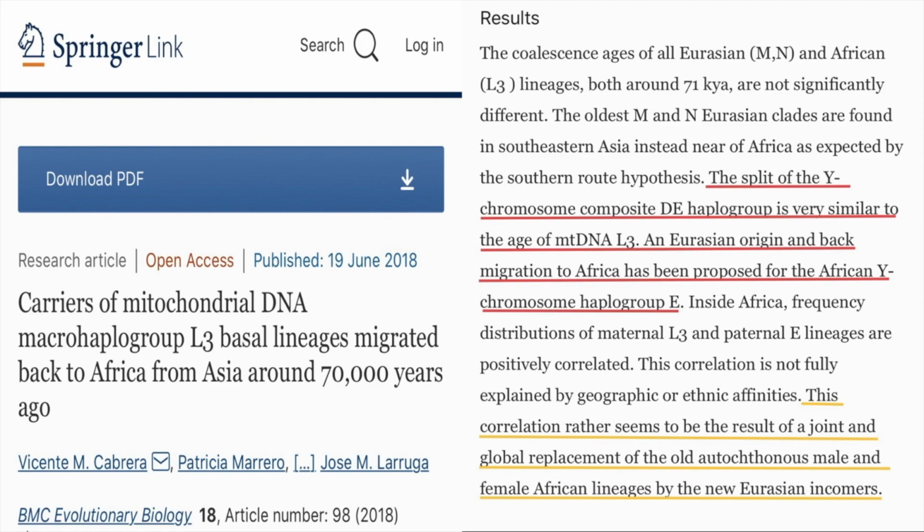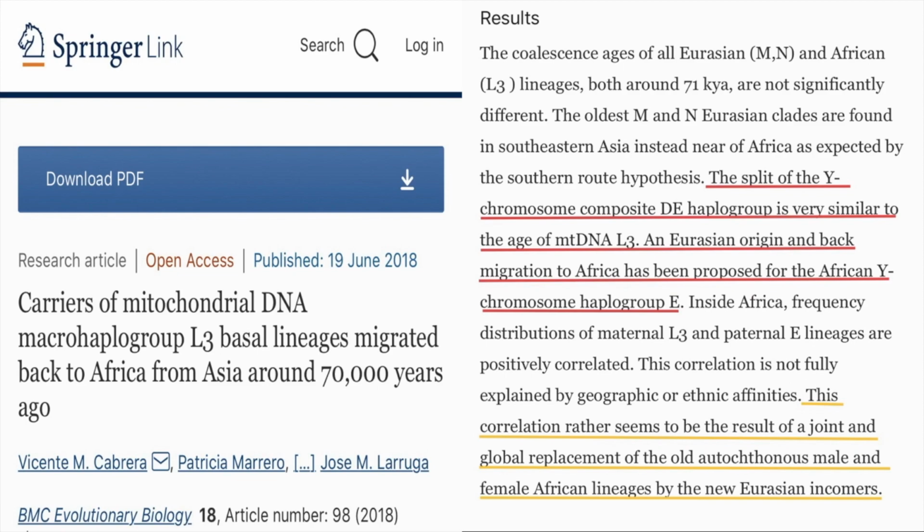This one is called "Carriers of mitochondrial DNA macrohaplogroup L3 basal lineages migrated back to Africa from Asia around 70,000 years ago." So it reads, the split of the Y chromosome composite DE haplogroup is very similar to the age of mitochondrial DNA L3, and Eurasian origin and back migration to Africa has been proposed for the African Y chromosome haplogroup E.